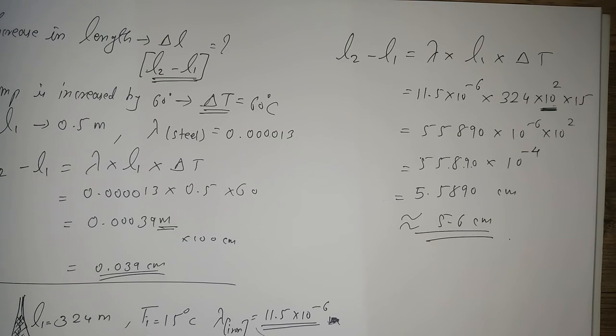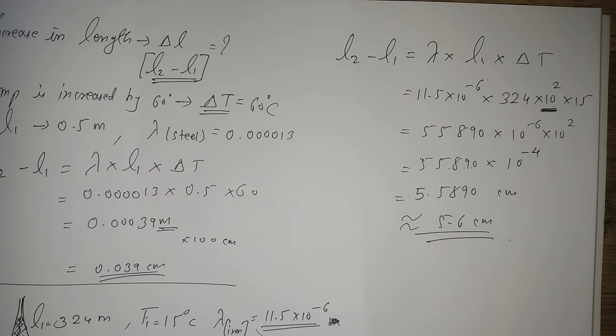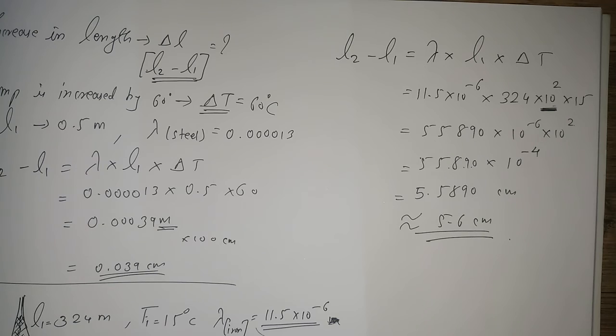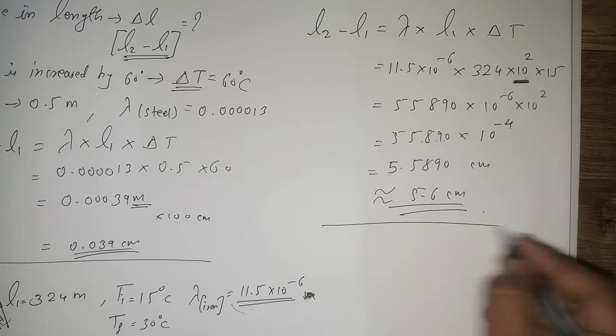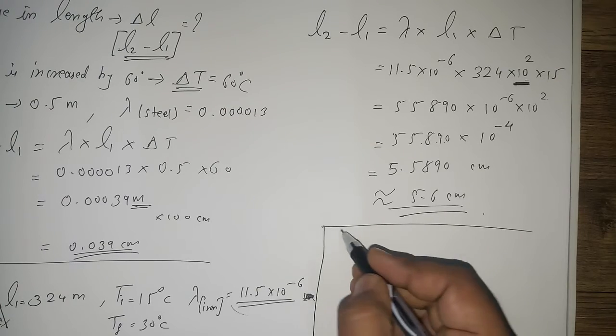Okay, let's do one more. I guess we have done this concept already. Q equals m into C into delta T. Interesting question.